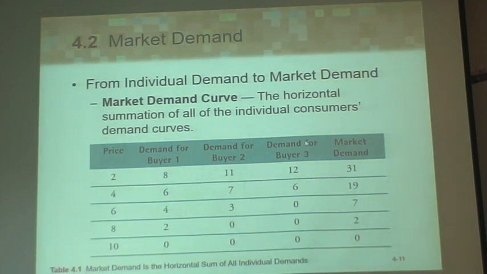If there's one person, at price 2 you have 8 units demanded, at $4, 6 units demanded, at $6, 4 units demanded, and at $8, 2 units demanded.